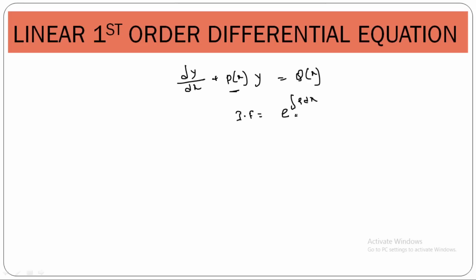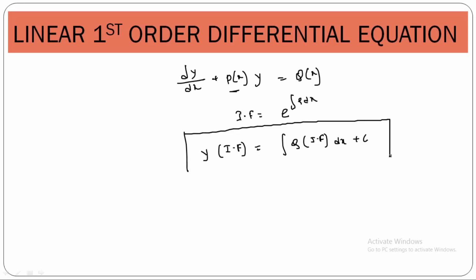The integrating factor will be e to the power integration p dx. Then you have the solution in this way: y into integrating factor is equal to integration q into integrating factor into dx plus c. So you can solve the differential equation with this formula.